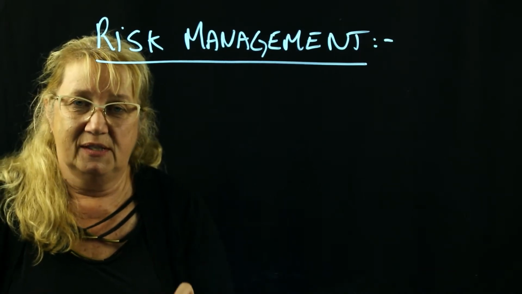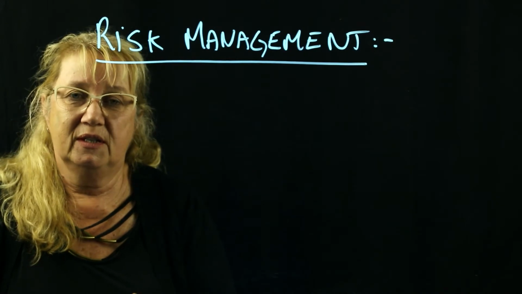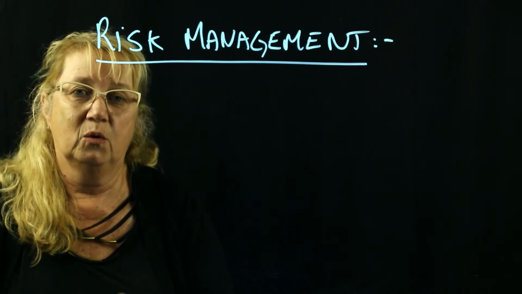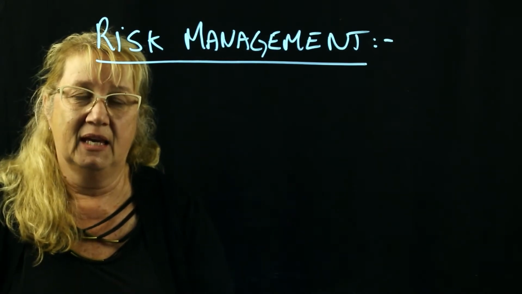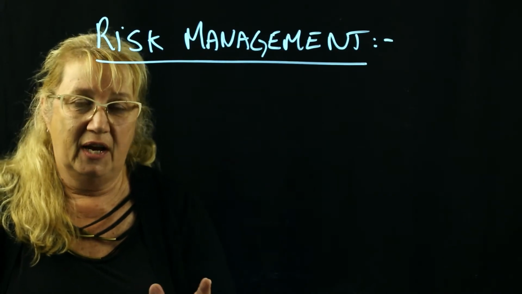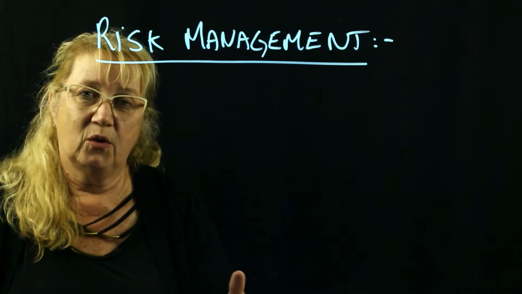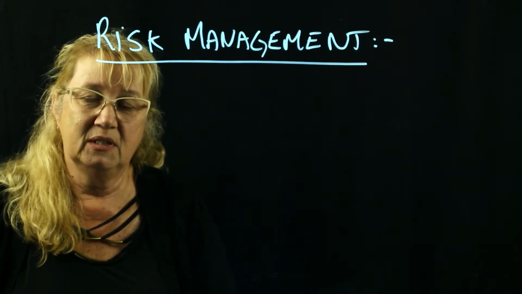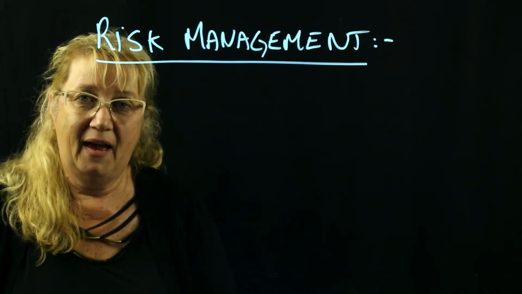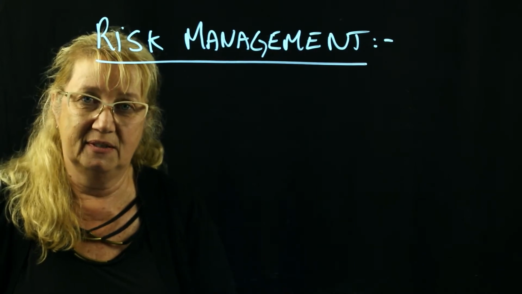There are 2 things here. You need to consider the original risk assessment. If you have not changed anything that will alter the original risk assessment, you do not need to have additional risk management.